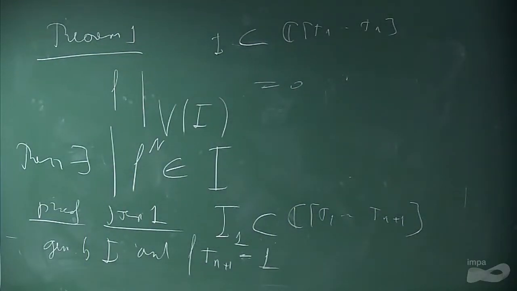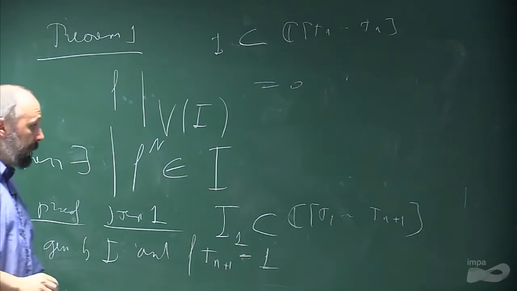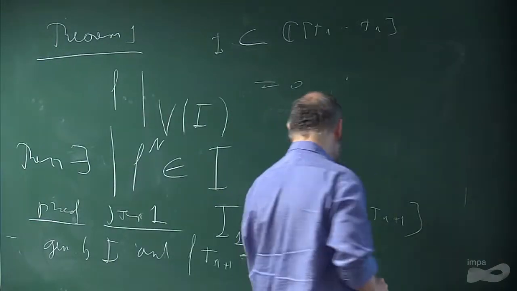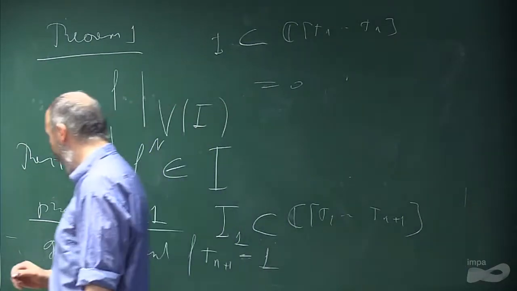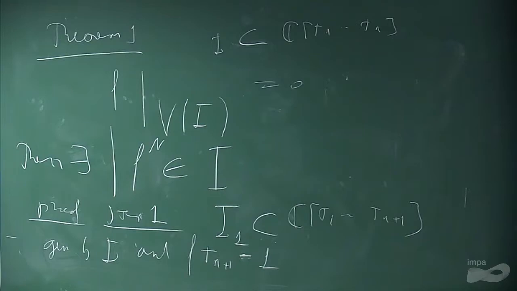The good thing about this ideal is that it has no common zeros. Because any I1, then I1 has no common zeros. Why?